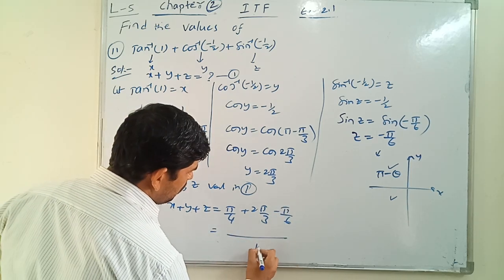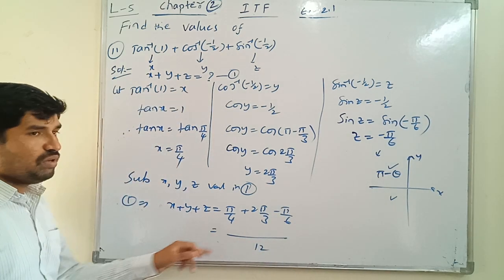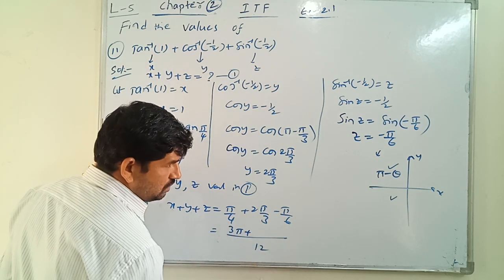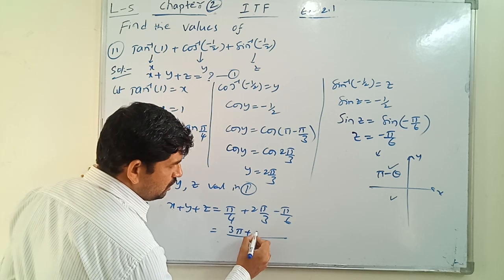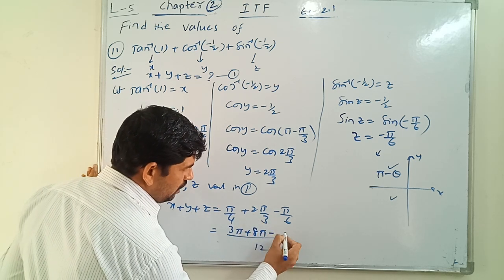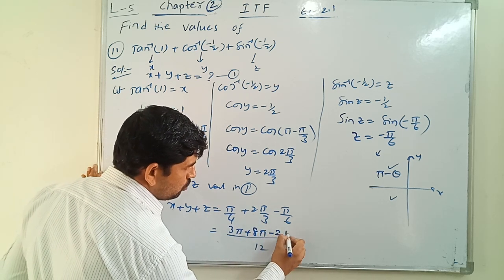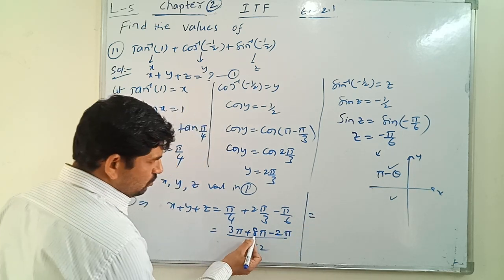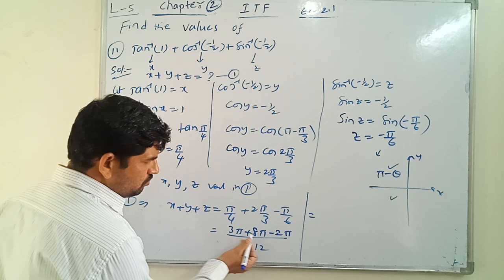Taking the LCM, that will be 12. 12 by 4 is 3, so 3 pi. 12 by 3 is 4, 4 times 2 is 8 pi. Minus 12 by 6 is 2, so we have 2 pi. Now finally the result of this one will be over the LCM. So it is actually 11 or not?